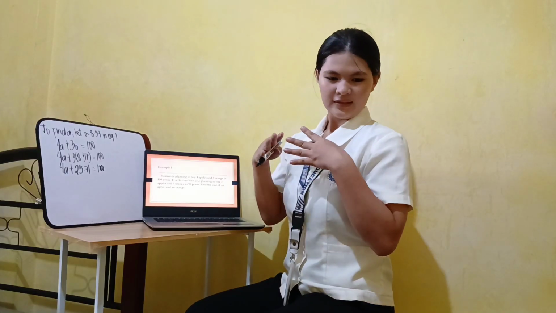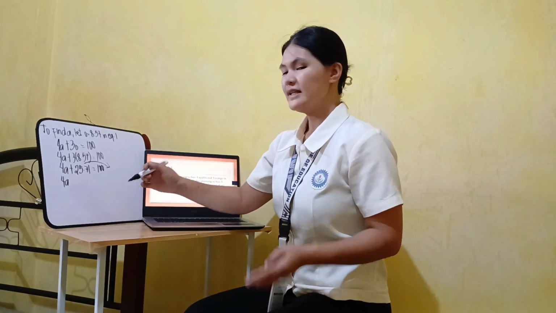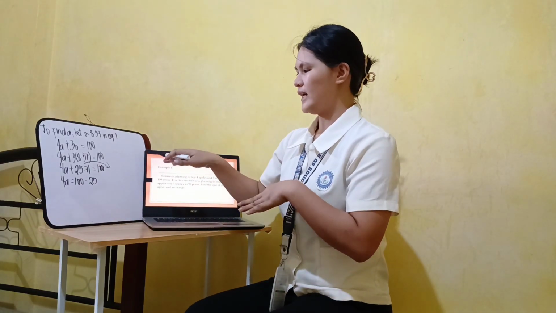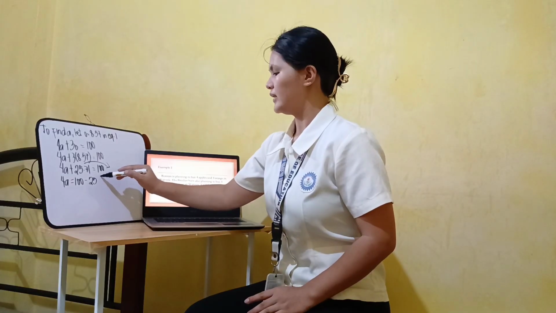Ayan. And after that, for a, since we are going to isolate the variable a para makuha natin yung value niya, ita-transpose natin si 25.71 sa right side. So, 4a is equal to 100 minus 25.71. Since we transpose that from left side to right side, magiging negative siya.